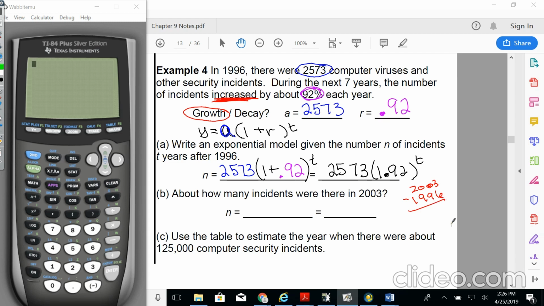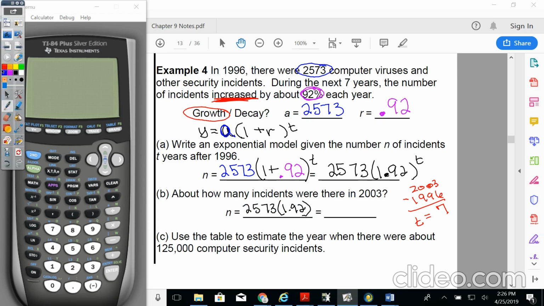From here to here, we would just subtract 2003 minus 1996. That tells us that it was 7 years away. So that's what we're going to use for t, which is 7. So we just plug it in and we get 2573 times 1.92 to the 7th power.